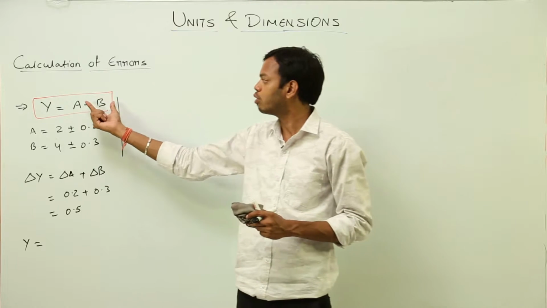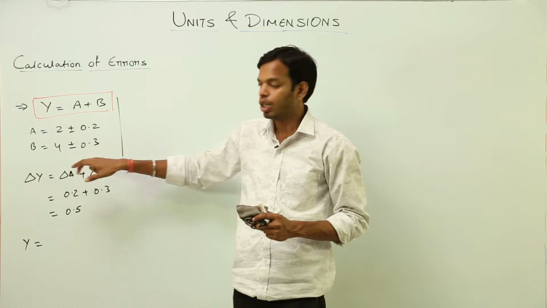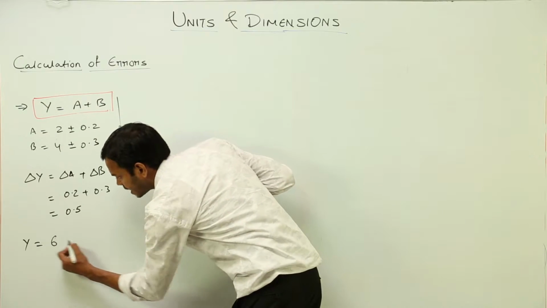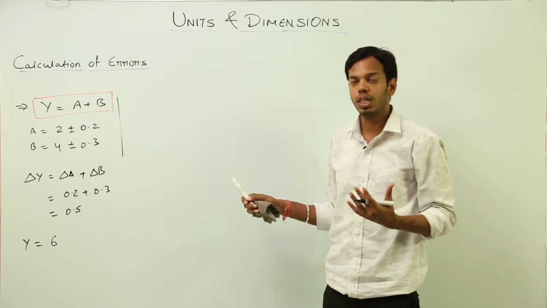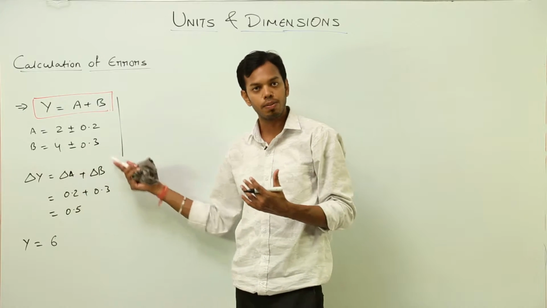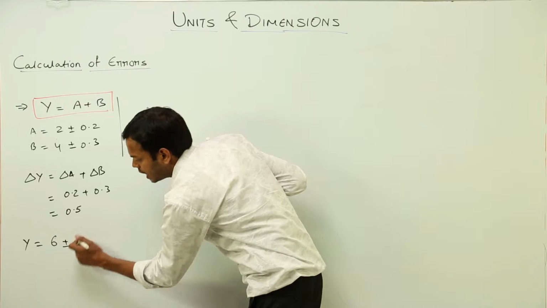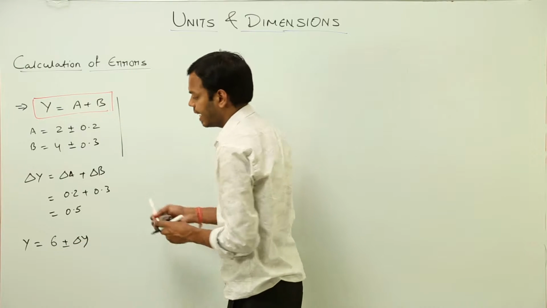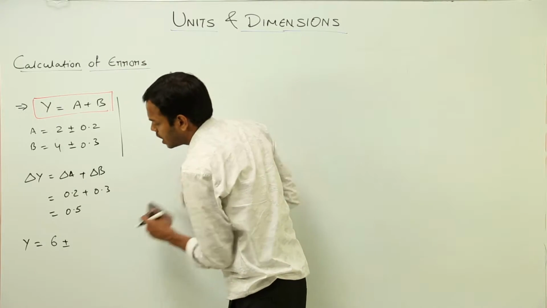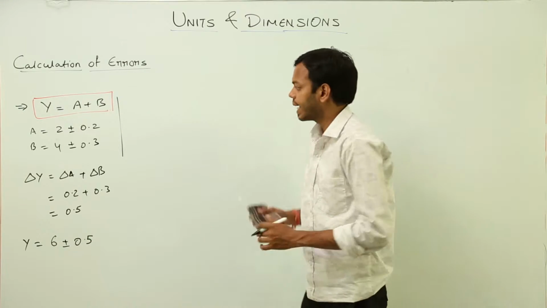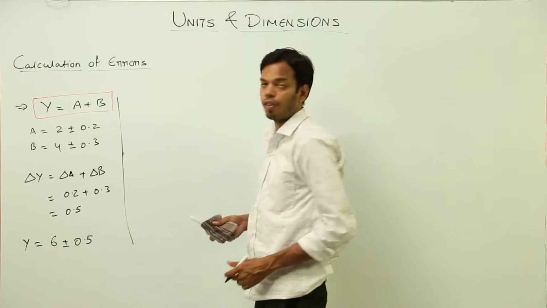The original values of a and b are 2 and 4, so y is 2 plus 4, which is 6. But I have to write the value in standard format, the value plus minus error, so y plus minus delta y, and delta y we have already figured out, which is 0.5. So this would be the calculation of error in case of addition.